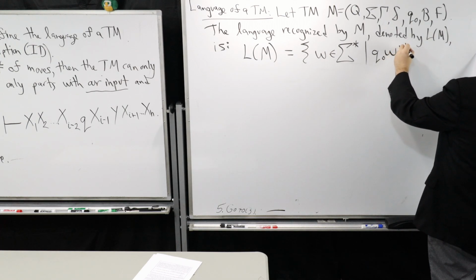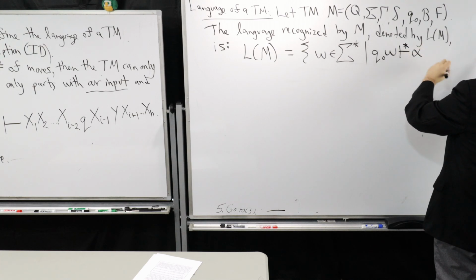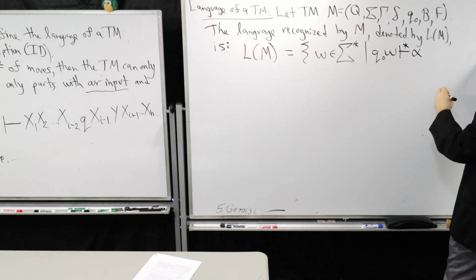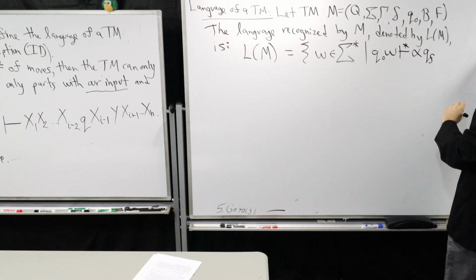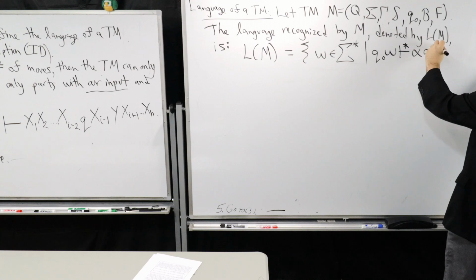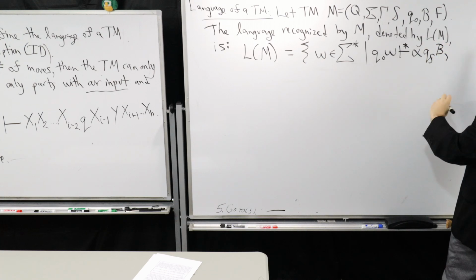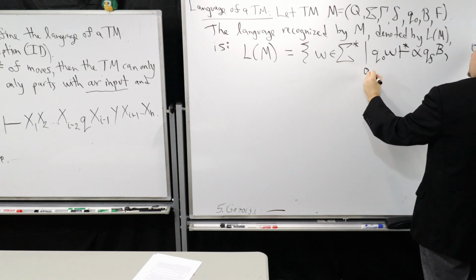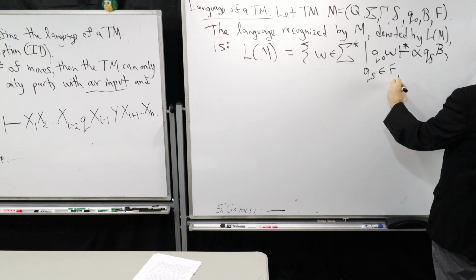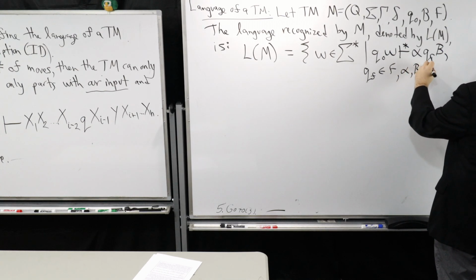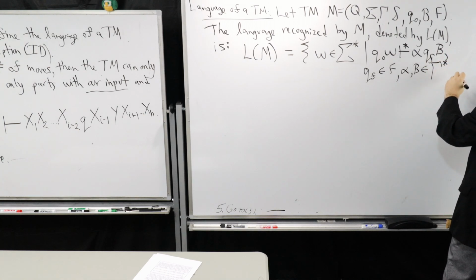And then a whole bunch of moves may happen, and then there might be some sequence of tape symbols alpha on the tape here. Then there's some q_F that I might get into, with beta right here, where q_F is a final state, and alpha and beta consist of tape symbols.